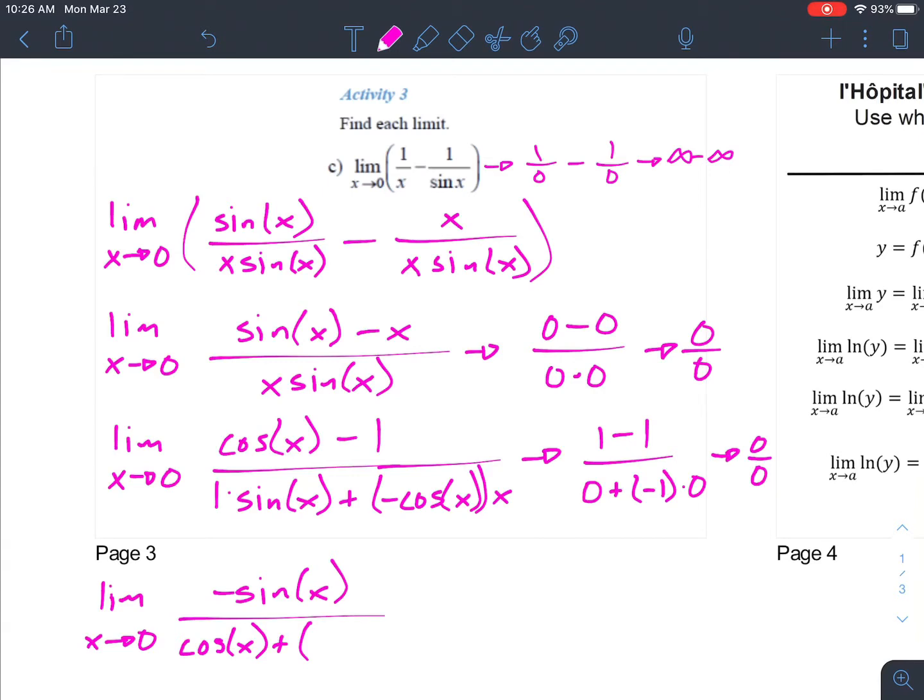Ooh, I did something, I'm sorry. I told you that the derivative of sine was negative cosine. That's not true. That's supposed to be positive cosine. Sorry about that. Okay, so we're going to get negative sine of x times x, and then it's going to be plus 1 times cosine of x.